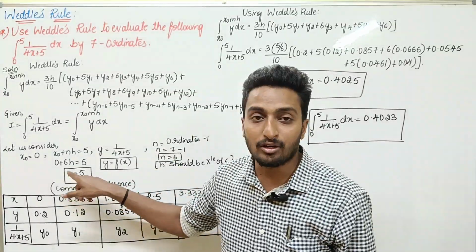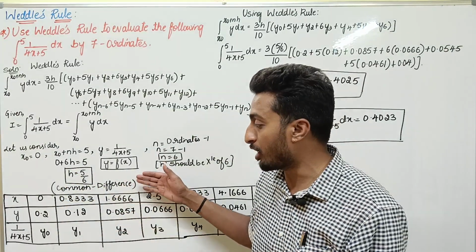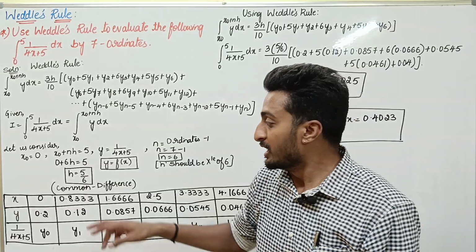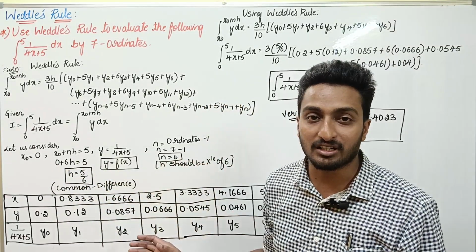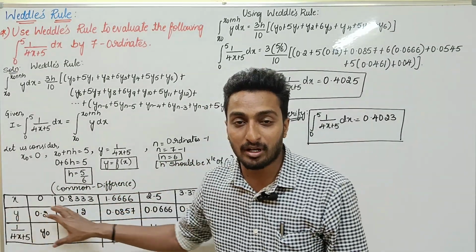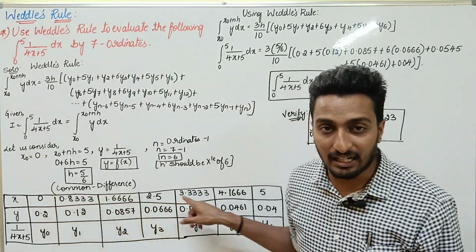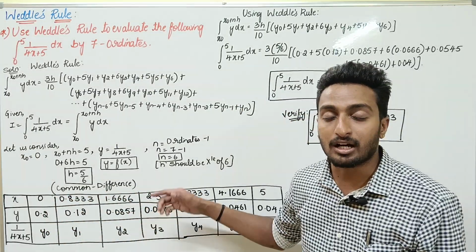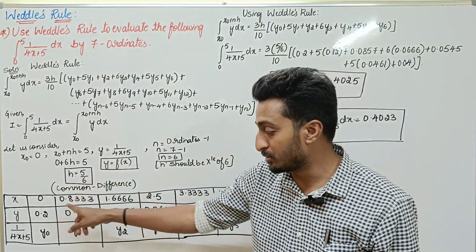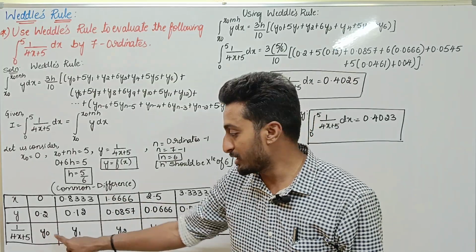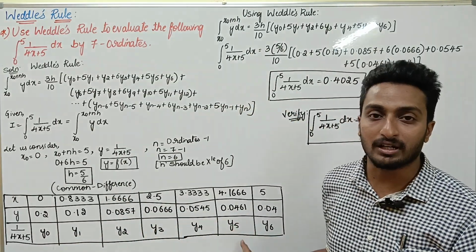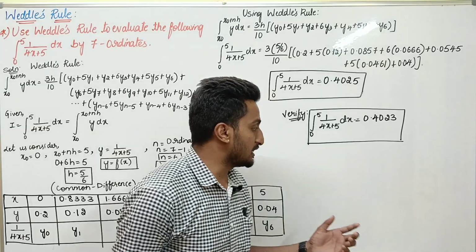Then represent the value of h. H represents the common difference or common interval. Considering the set of functional values, represent the tabular column. X represents the interval, y represents the functional value with respect to the interval, and we can represent y0, y1, y2, y3, y4, y5 and y6 till the interval.